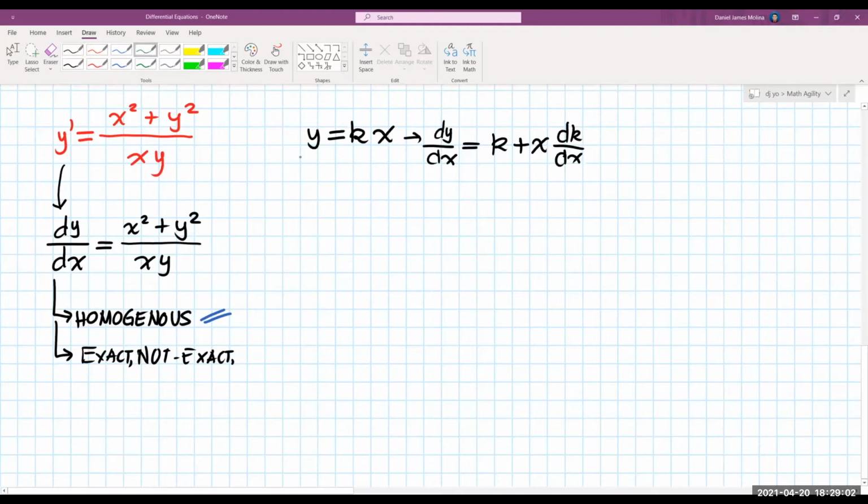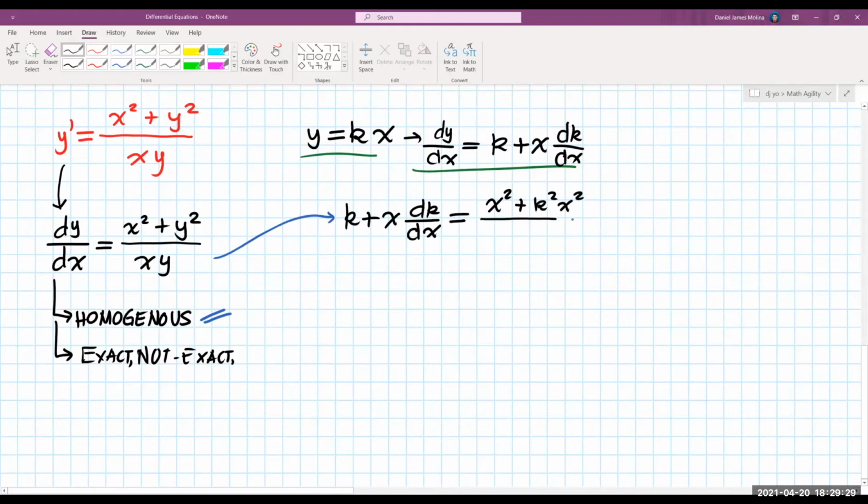So using these two substitutions, we can write our equation as k plus x dk over dx on the left hand side, that is equal to x squared plus y squared, but y is equal to kx, so we have k squared x squared plus x squared, over the denominator x times kx, or that is actually kx squared.